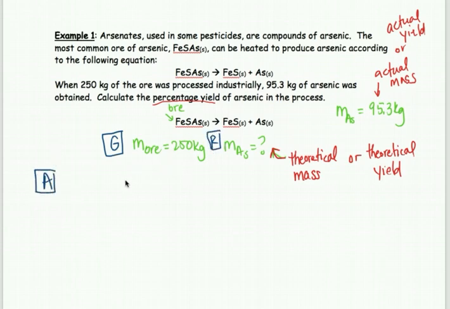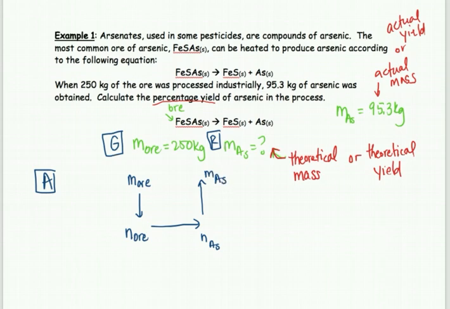So here's our plan. We're going to go from the mass of the ore to the amount of the ore, and then we're going to do a mole ratio to figure out the amount of the arsenic, and then we're going to come back up and find the actual mass of the arsenic.